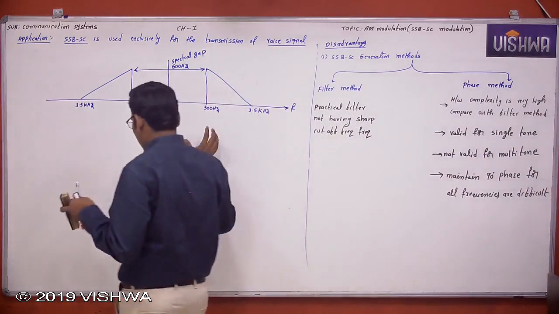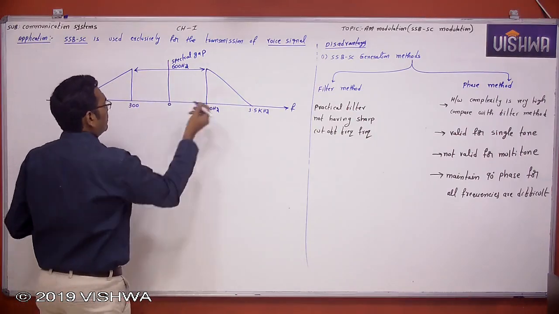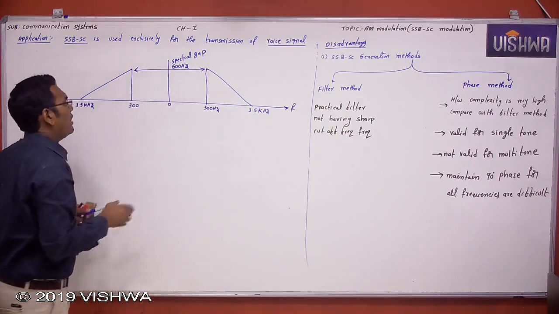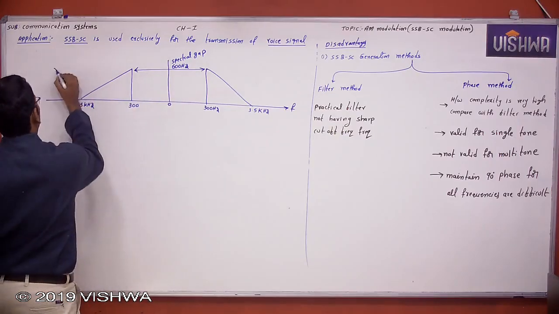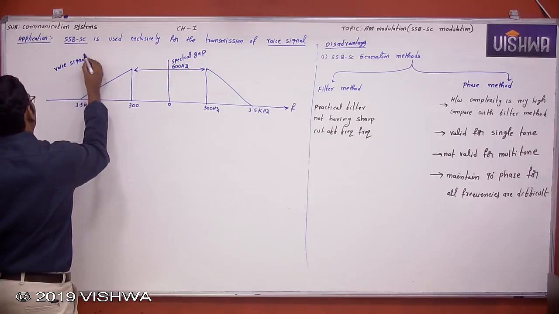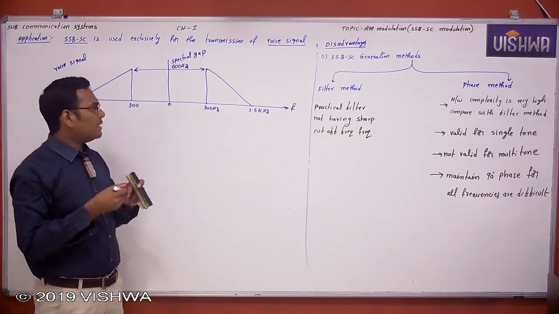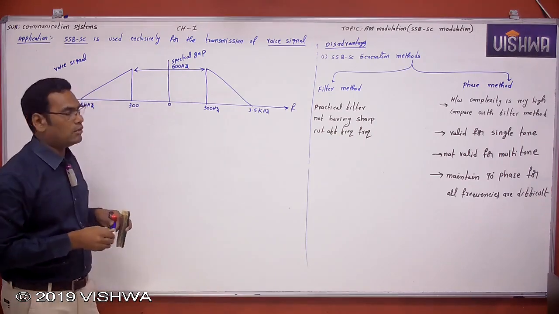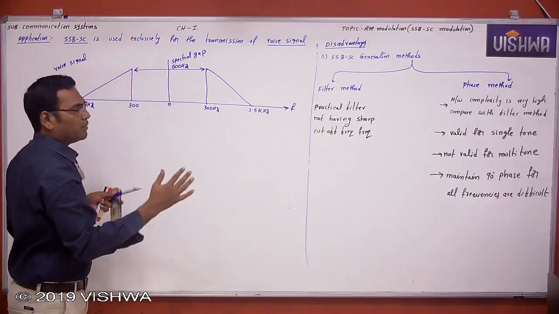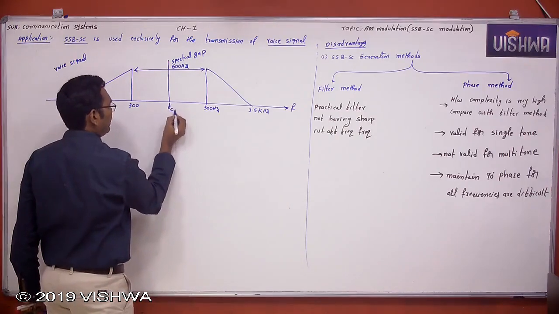Now there is a spectral gap of 600 Hz between the two sidebands of the voice signal. When it goes for modulation, that is, modulated with the help of a carrier, this origin is shifted to FC.